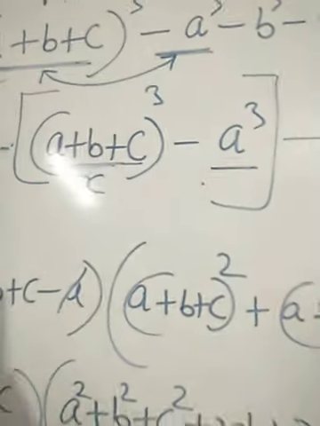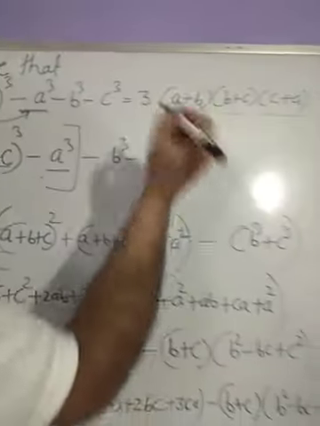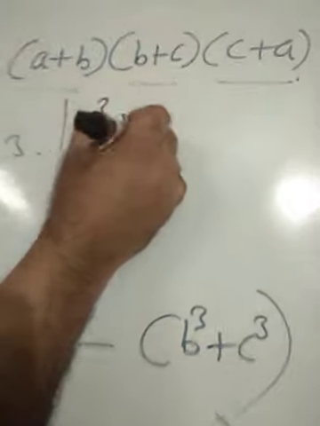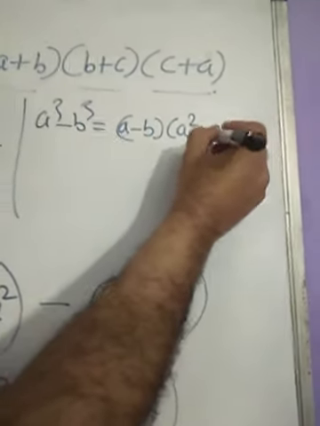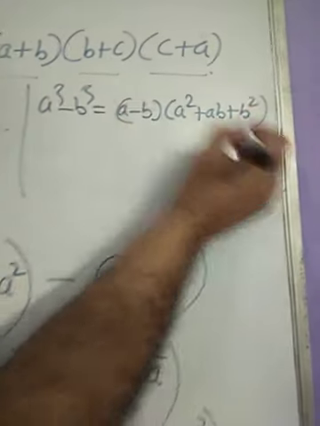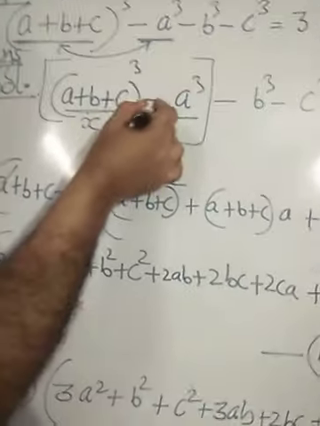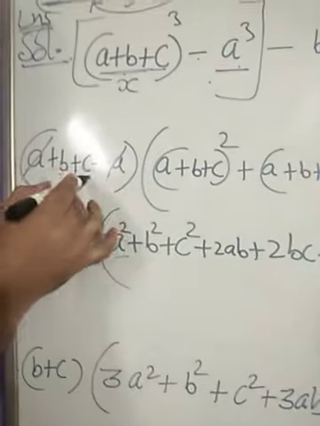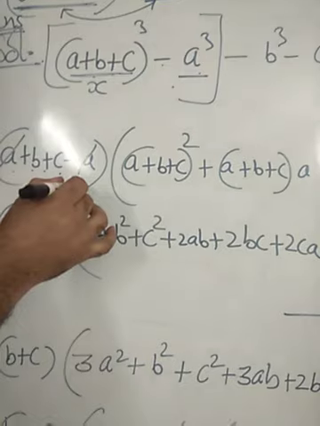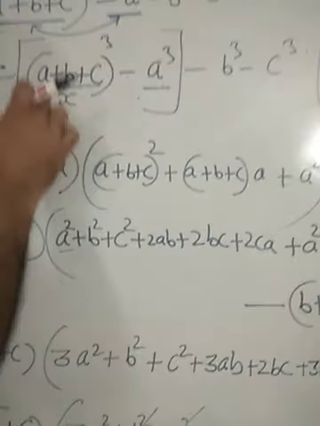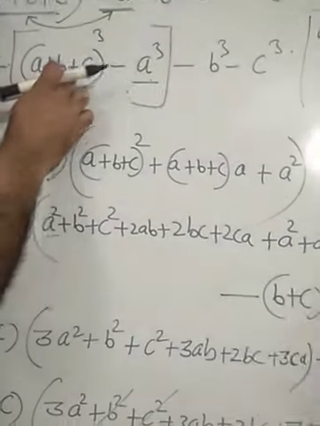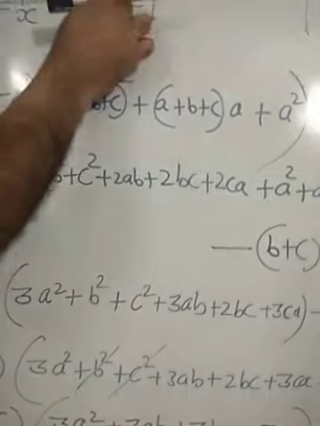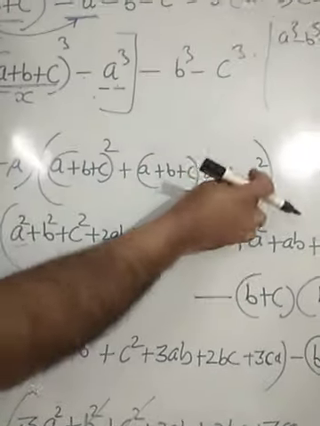Which identity can we see here? It is a cube minus b cube. What is that equal to? a minus b into a square plus ab plus b square. So the same identity will apply here. a minus b, that is a plus b plus c minus a, into a square, that is a plus b plus c square, plus a into b, that is a plus b plus c into a, plus b square, that is a here.